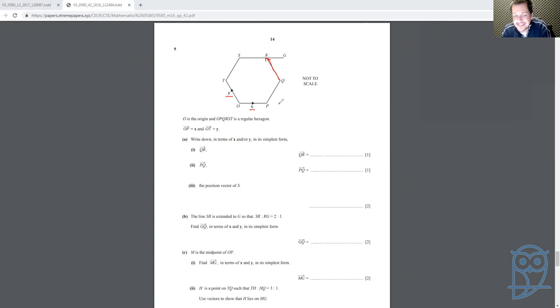Now we need to remember this is a regular hexagon. And a regular hexagon means that all interior angles are the same and all side lengths are equal.